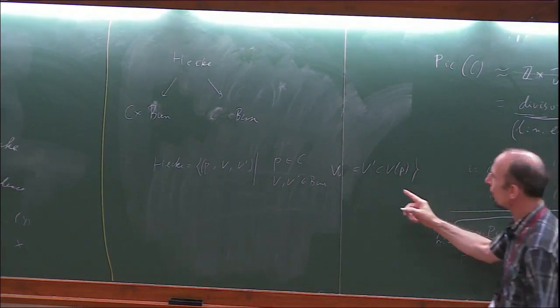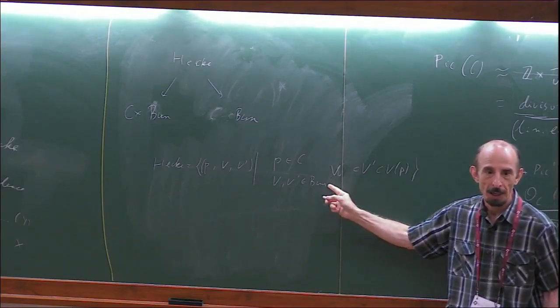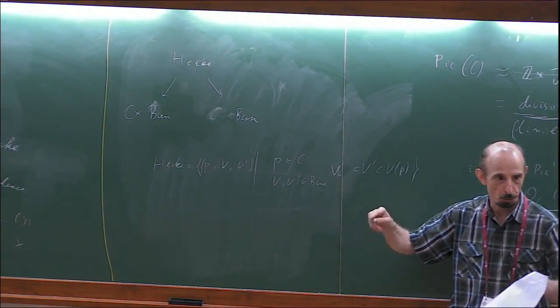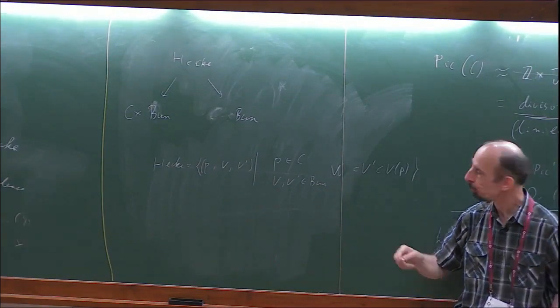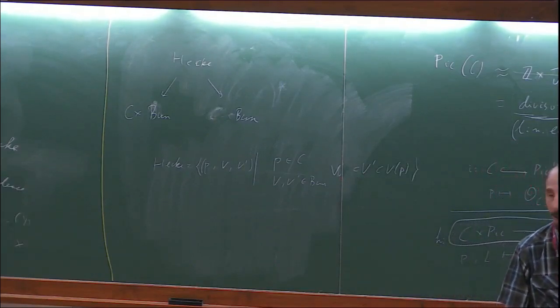This terminology makes sense when V is a vector bundle. If you'd like to get the story to work in full generality, where G is just a reductive group, you have to work a little harder.